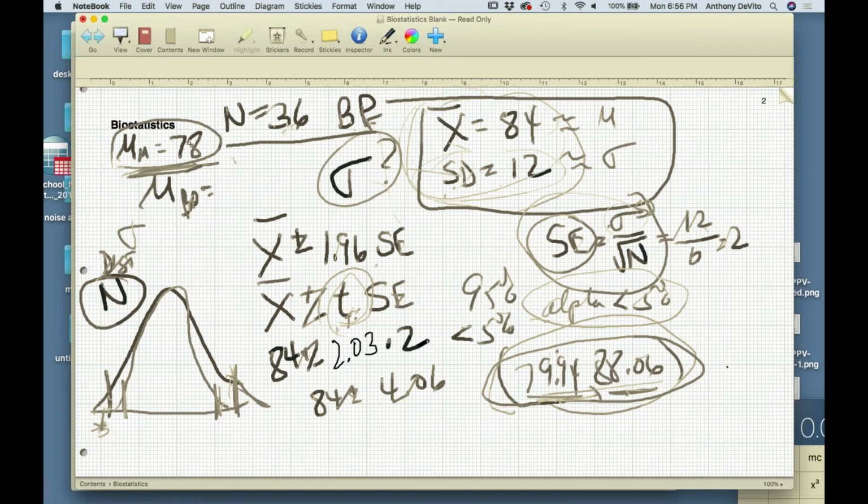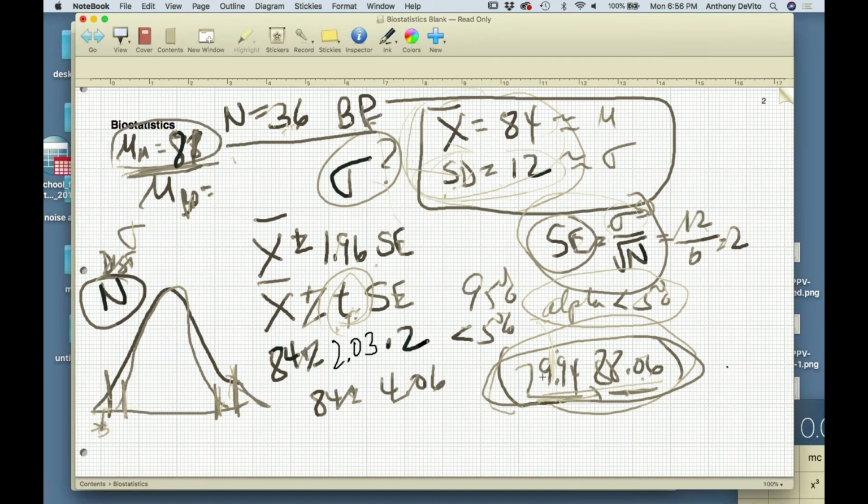Well, what if I had told you the mean for males is 81? Would you be 95% certain now? Well, no, because the mean for females might actually be 81. You're 95% sure it's between 80 and 88.